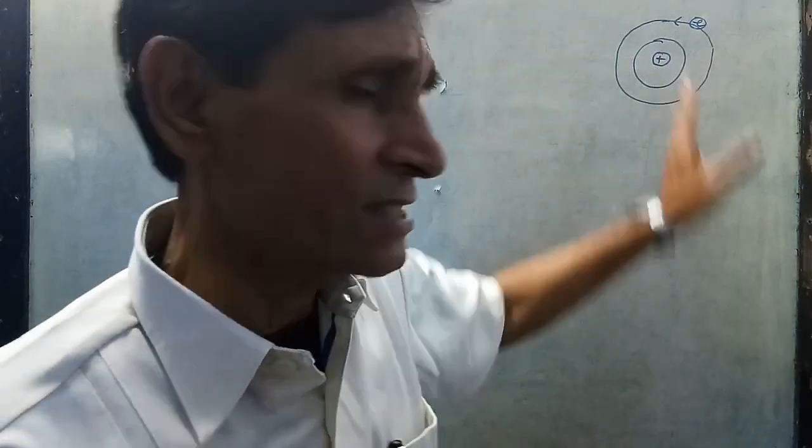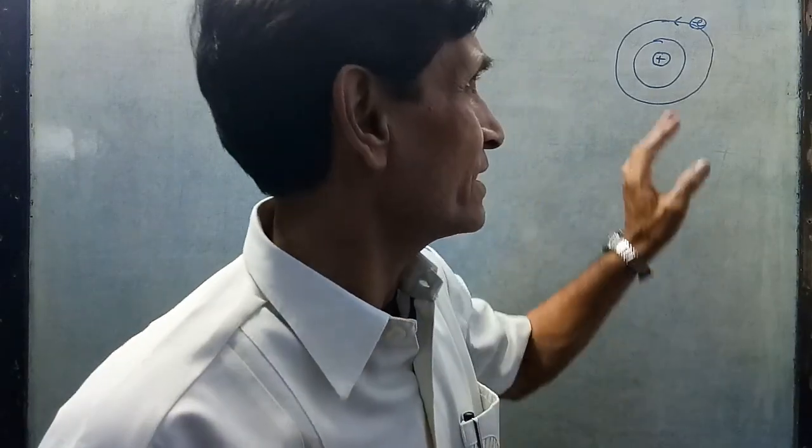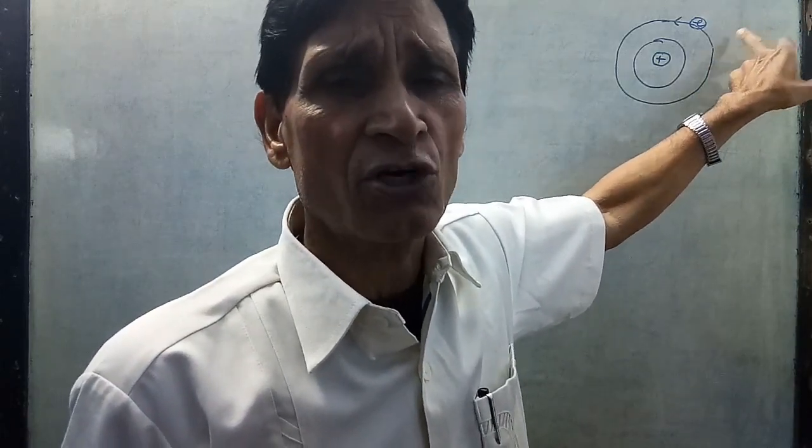In brief, you can say the amount of energy required to remove an electron from outermost shell, that is most loosely bound electron, from an isolated neutral gaseous atom to convert it into monovalent cation is called ionization energy.